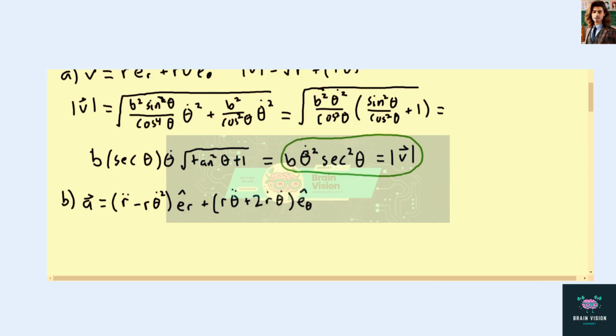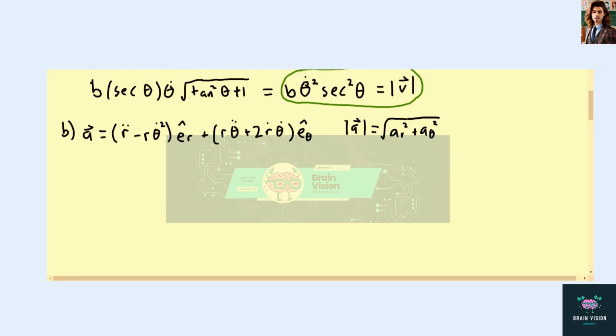And again, we'll do that same thing where the magnitude is equal to the square root of the radial squared plus transverse squared. Okay, and these are a little more complicated, so I'll just go and calculate the a r and the a theta, and then figure out how best to simplify them to put them together under a square root.